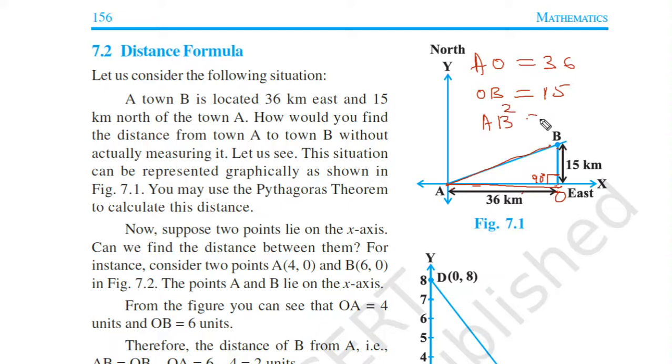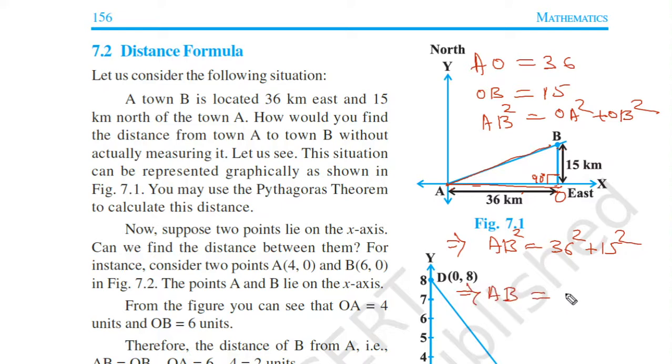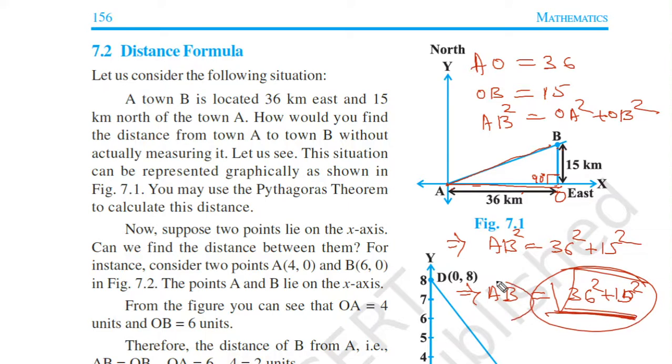Therefore, AB² = OA² + OB², which implies AB² = 36² + 15², so AB = √(36² + 15²). Now you can find the square root of this. After calculating, you can find the value of AB. This is how we have found the length between A and B.